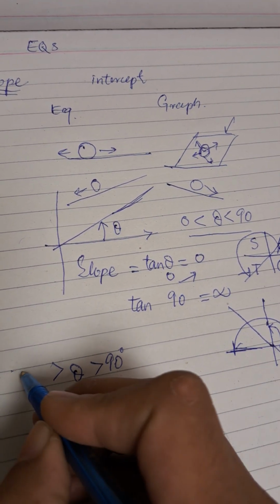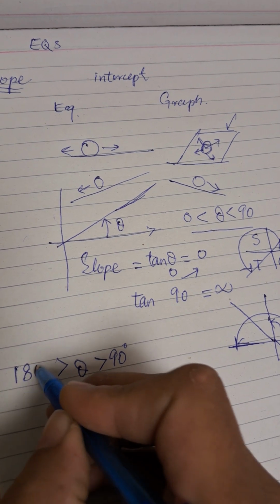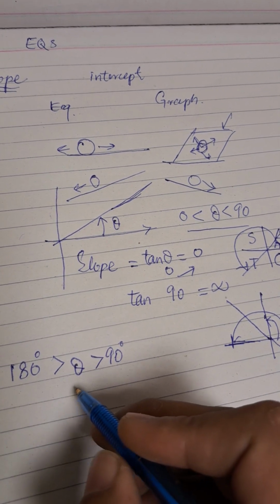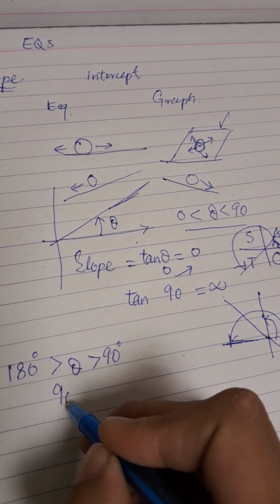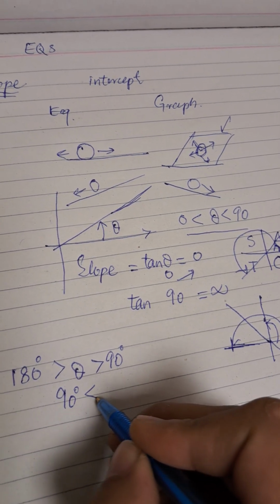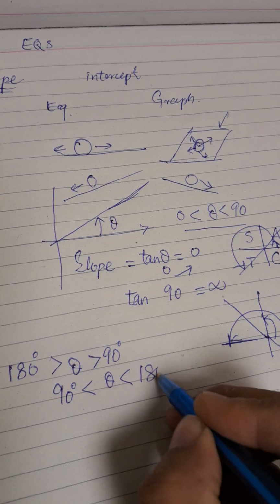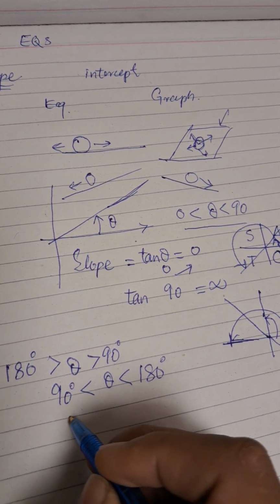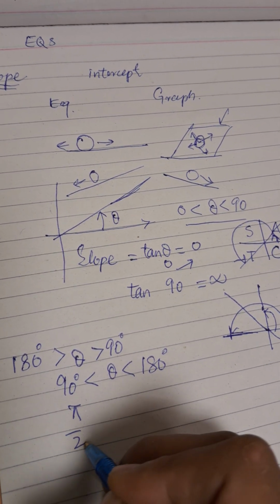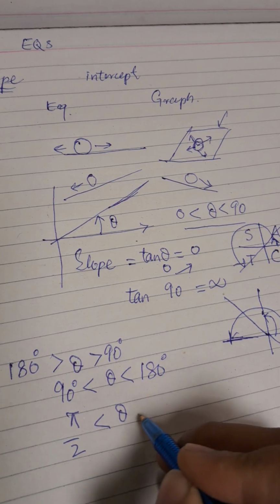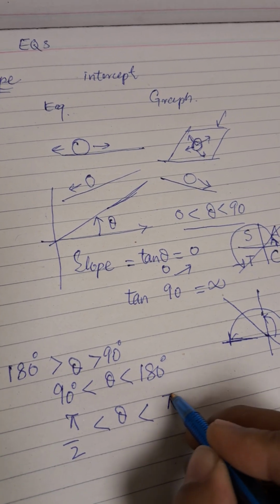So it is between 90 and 180 degrees. We can also write these as pi by 2 less than theta less than pi.